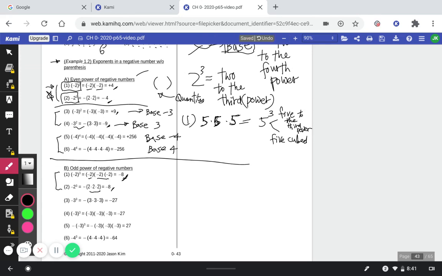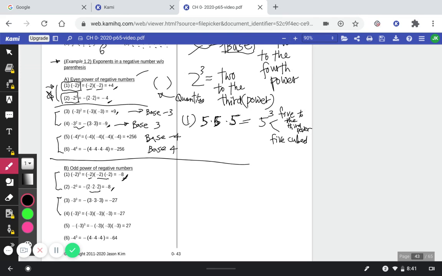But your result becomes the same. Due to the nature of the product of negative numbers, if you have an odd number of negatives, you always have a negative. So when you have an odd power, the negative doesn't make that much of a difference. When you have an even power, sometimes the negative becomes positive if the base includes a negative sign.